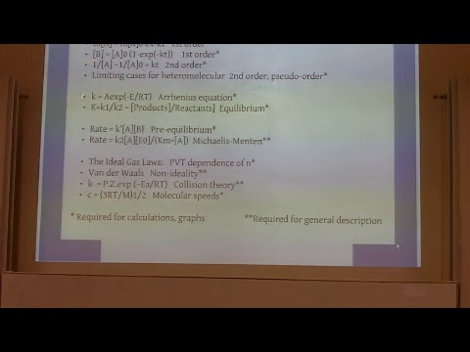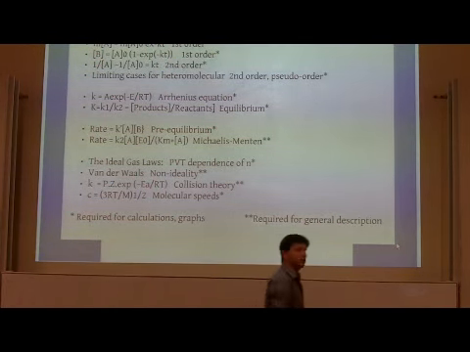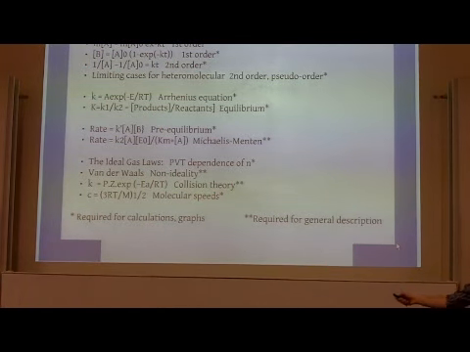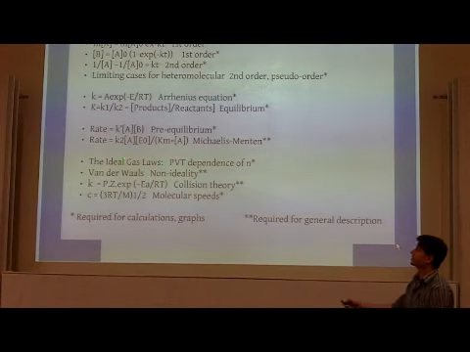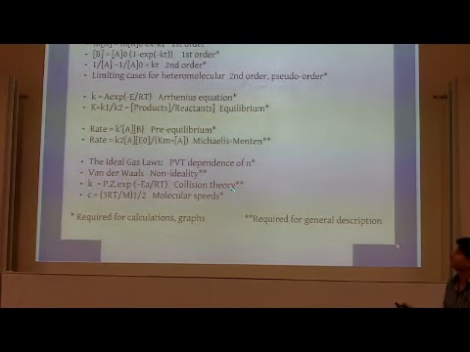Arrhenius equation, the equilibrium, where you've got the rate constants forward and back. The ratio of those will give you the equilibrium constant. Pre-equilibrium, Michaelis-Menten kinetics, the ideal gas laws, Van der Waals, where the ideal gas laws break down, and you have to start thinking about Van der Waals interactions and non-ideality.